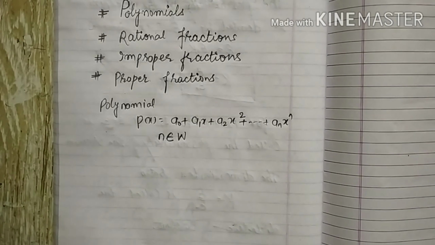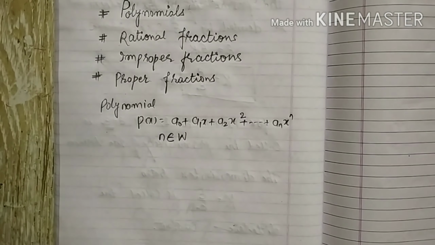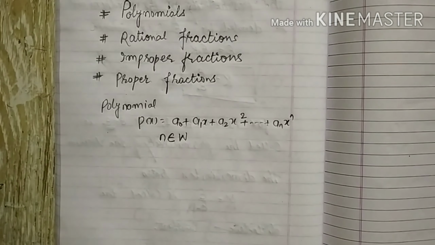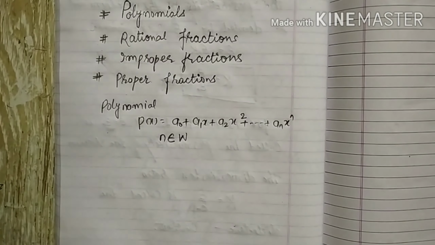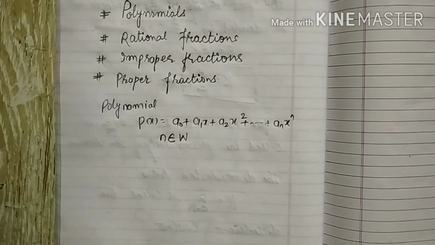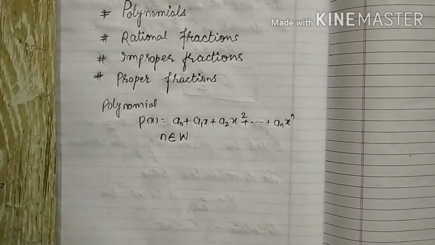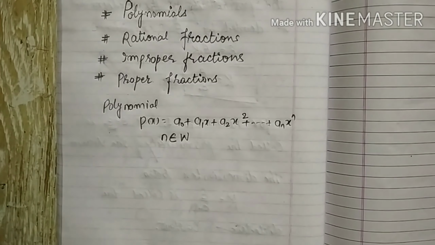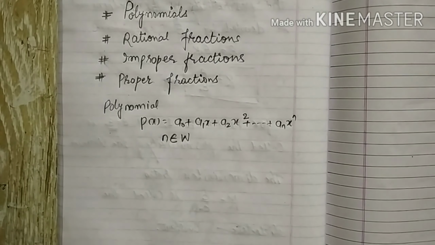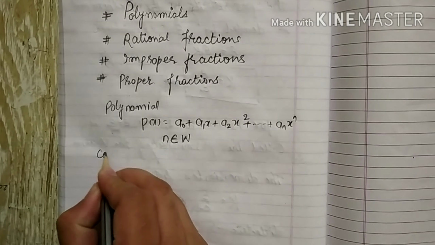That means the power of the unknown quantity should not be a fraction or a rational number, and it should not be negative. In each and every term, the power of the variables should be a positive integer.